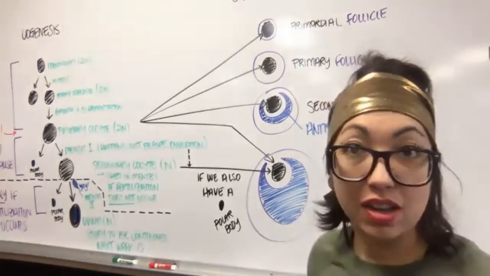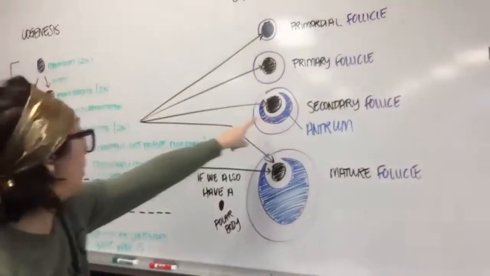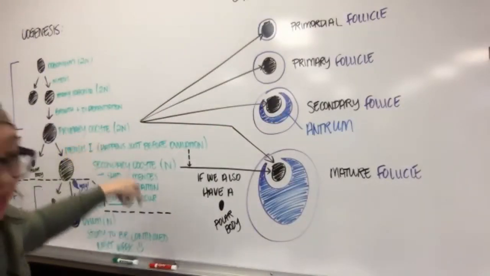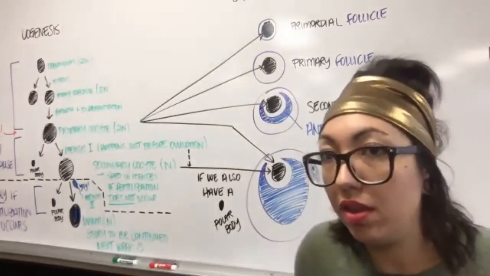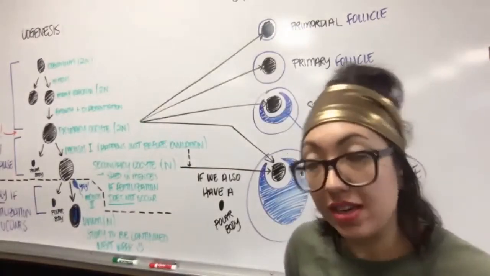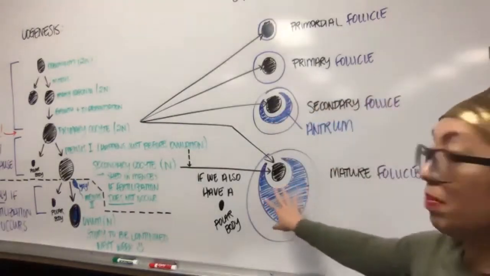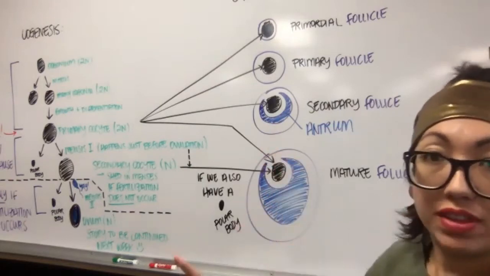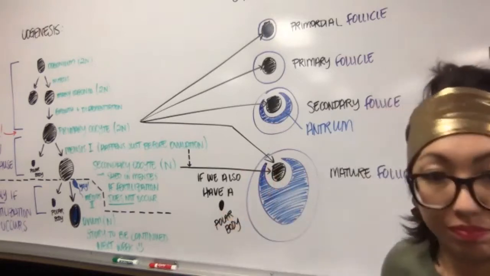Yes, very good, Donna. And if you want to just follow my little graphic here, it contains a primary oocyte. The only follicle that would not necessarily have that primary is the mature, but it starts off with a primary, right? And then right before ovulation, it goes to the secondary plus the polar body, okay?